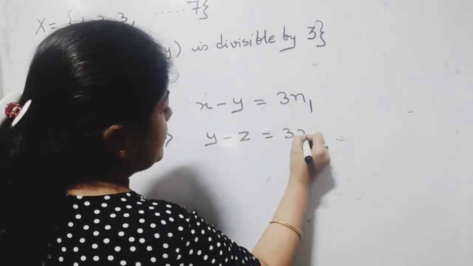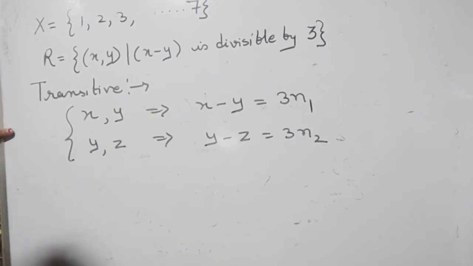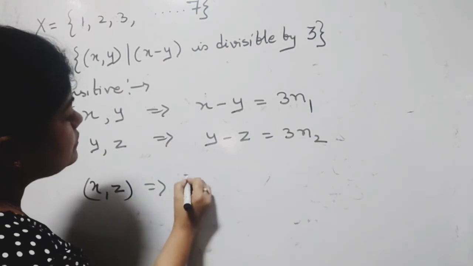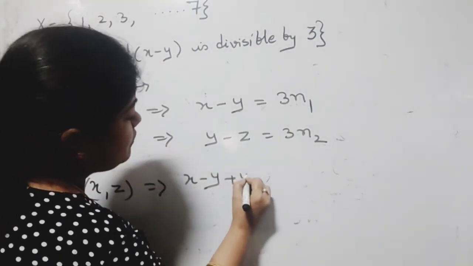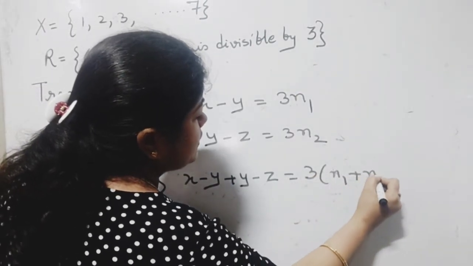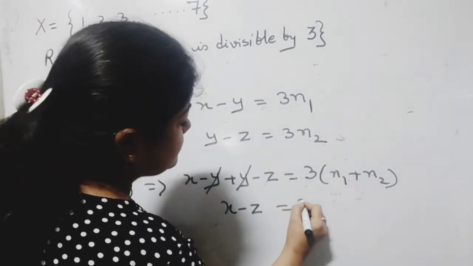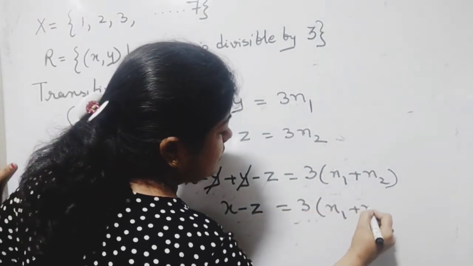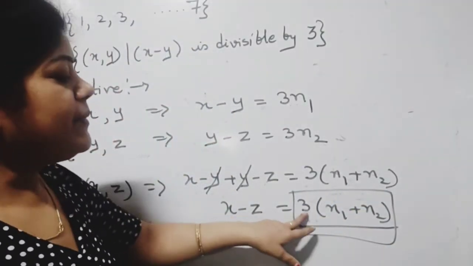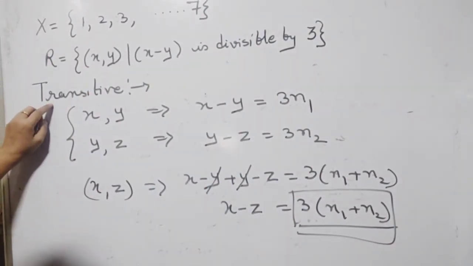Let it be 3n2. Now when we add both of them, we get x comma z, which is x minus y plus y minus z, which is equal to 3n1 plus 3n2. So y gets cancelled and we are left with x minus z equal to 3 times n1 plus n2. It is obvious that this term is also divisible by 3 because 3 is there. So this set is also transitive.